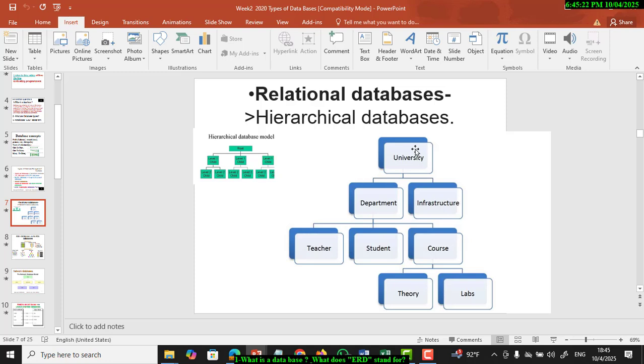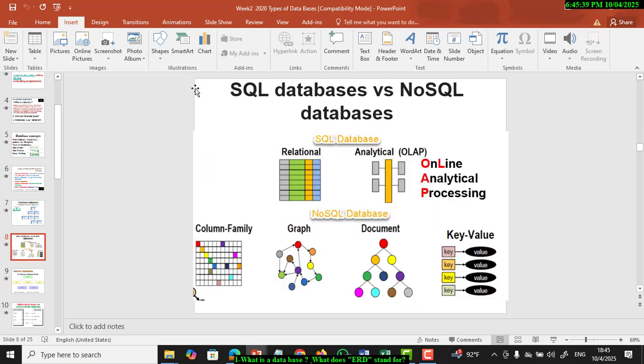This is the hierarchical, it's like a pyramid. Okay, we have a university containing 2 departments, 2 tables: department and infrastructure. Department includes teachers, students, courses, theory, and labs. Also, this is SQL databases versus non-SQL databases. SQL databases are relational tables like these tables, and there is some relation between tables. We have online analytical processing.